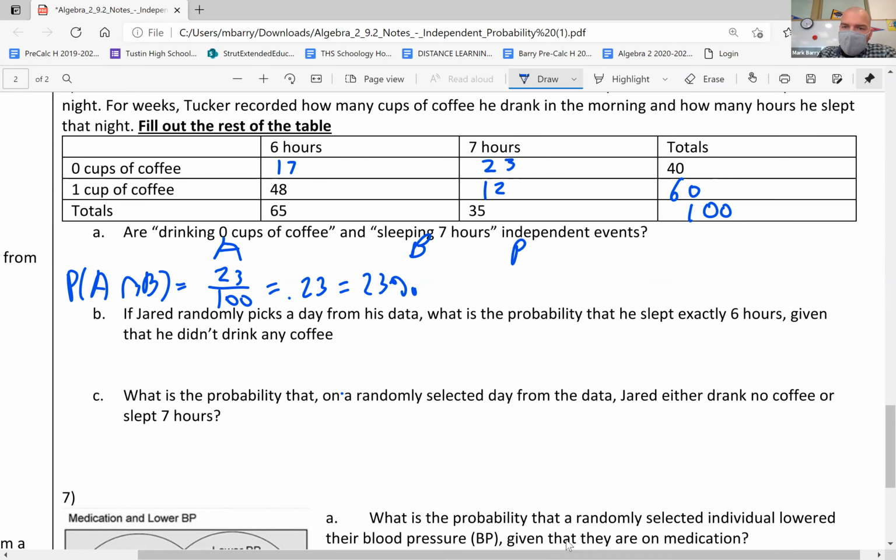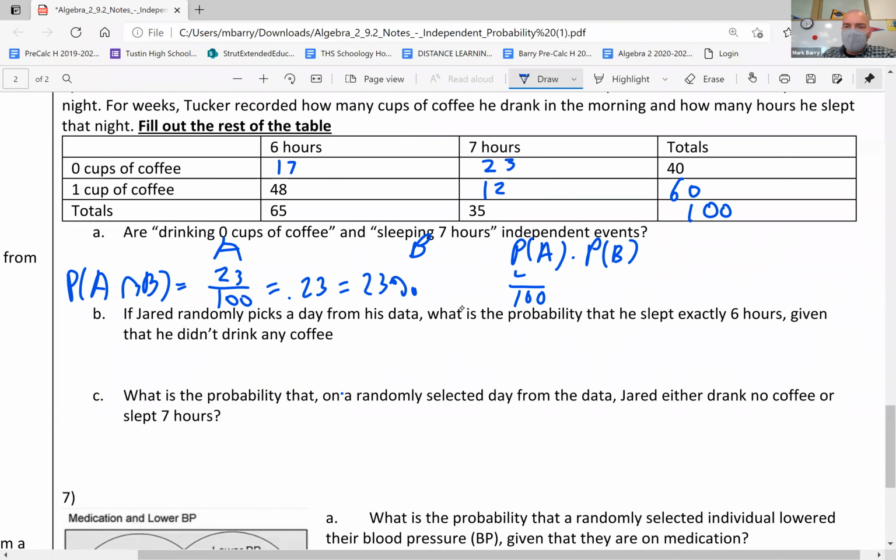Okay, so now we need to calculate the probability of A times the probability of B. So now I'm separating them. Out of everybody here, what's the probability that a random person drank 0 cups of coffee? Out of everybody, how many people drank 0 cups of coffee?